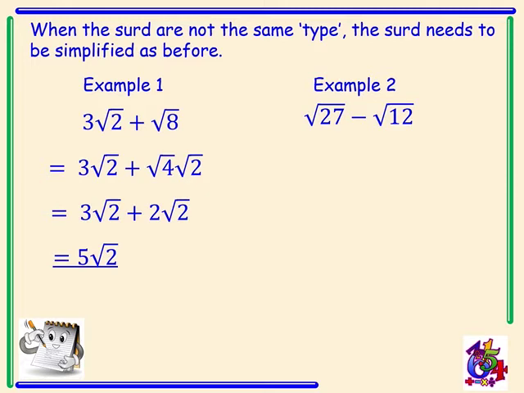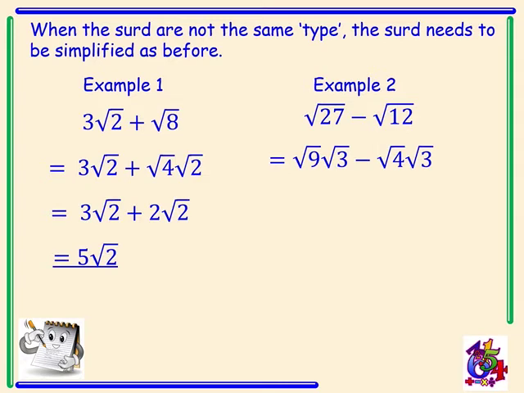So root 27, biggest square number that will go into 27 is 9. And the biggest square number that will go into 12 is 4. So root 27 can be simplified to root 9 times root 3. And root 12 can be simplified to root 4 times root 3.